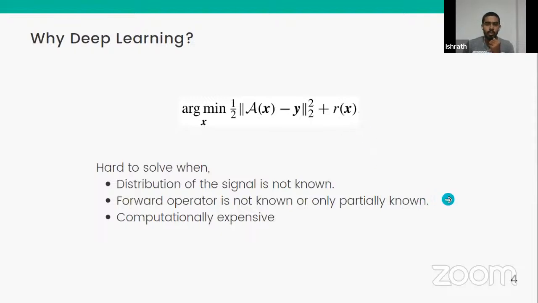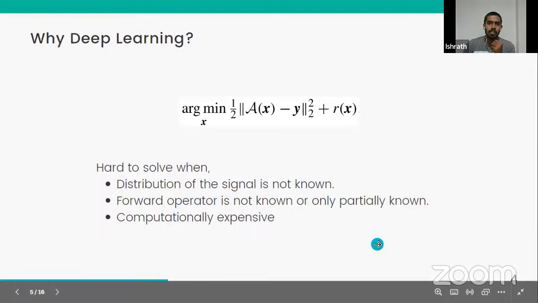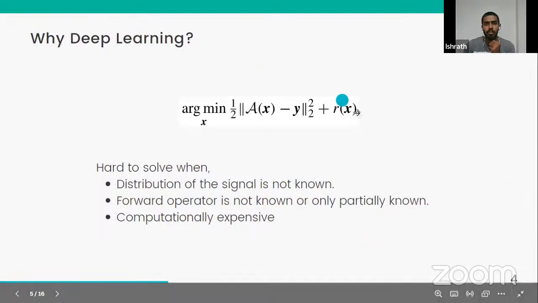If we don't know the forward operator properly, we cannot model the data fit term. Also, these iterative solvers are computationally expensive because we need to iterate until convergence. These limitations of the traditional solvers lead to the exploration of deep learning techniques to solve these kinds of inverse problems.